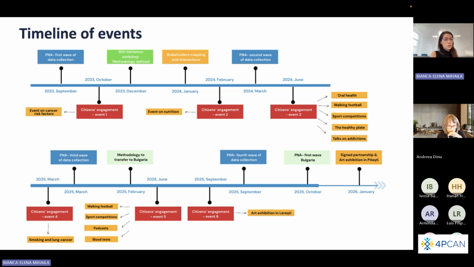And as you can see, each wave of collecting the data was accompanied by different interventions in the community, social interventions in the community. We had different events on cancer risk factors.